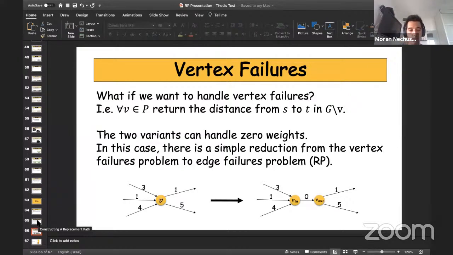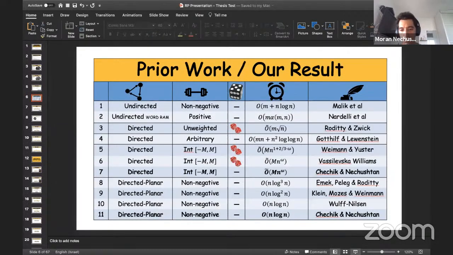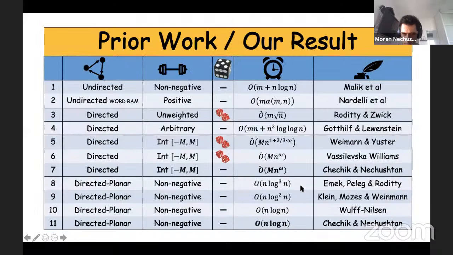For the M variant, the running time that we have is basically dominated by one preprocessing of the graph. We don't believe it's possible, but we don't have a lower bound for this problem.